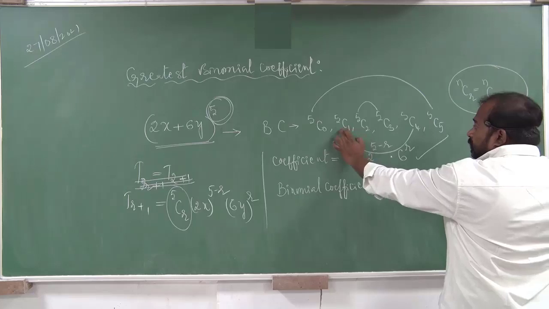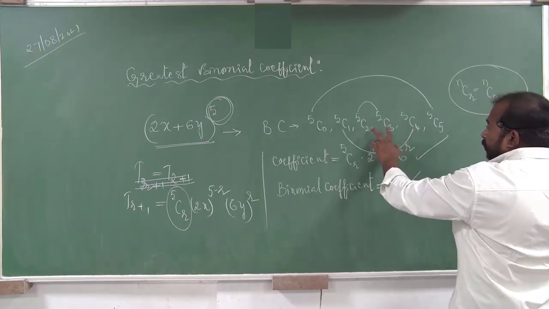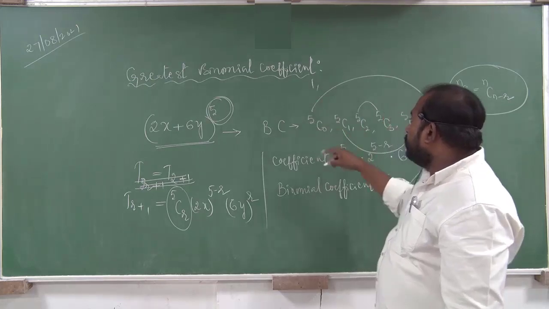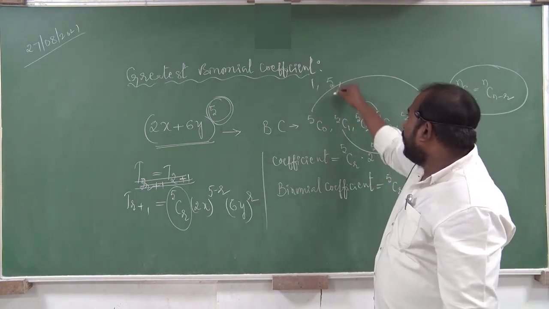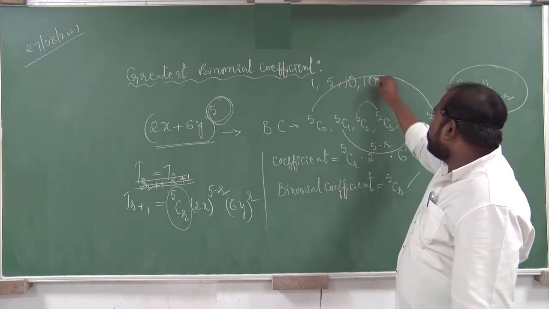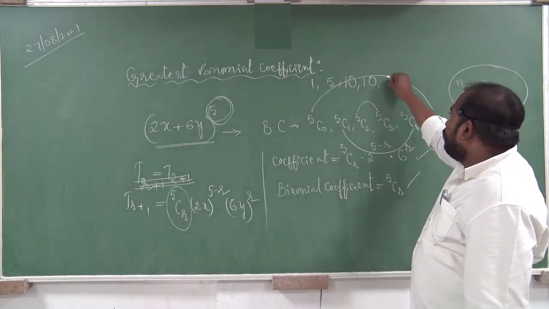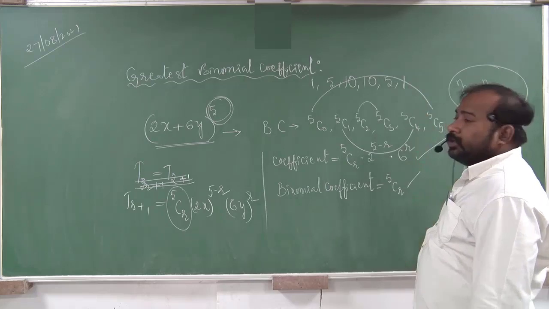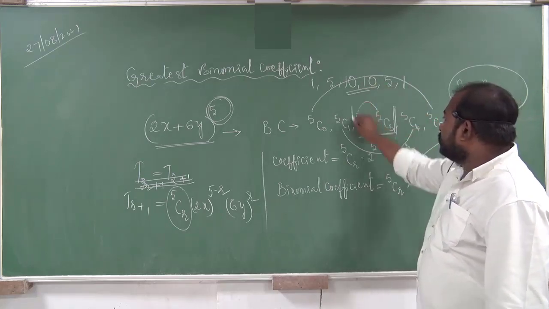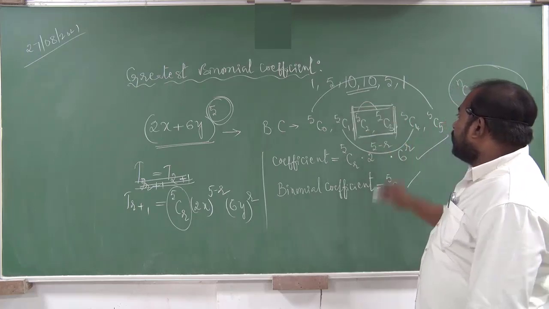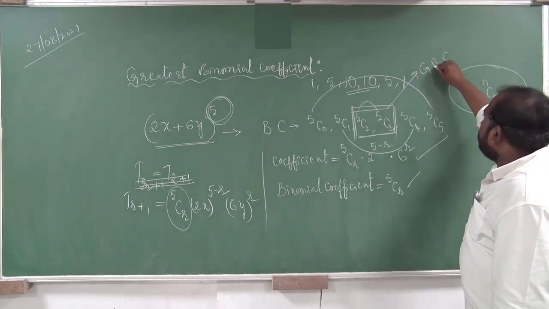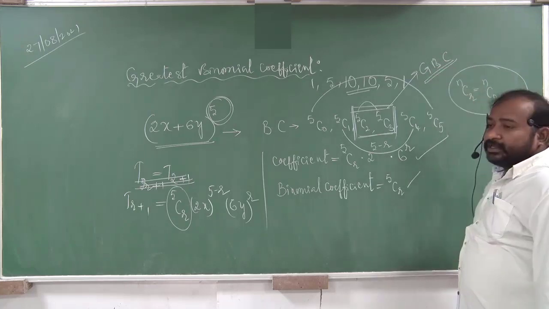Calculating values, 5C0 is 1, 5C1 is 5, 5C2 is 10, 5C3 is 10, 5C4 is 5, 5C5 is 1. So the two middle ones are named as the greatest binomial coefficients.